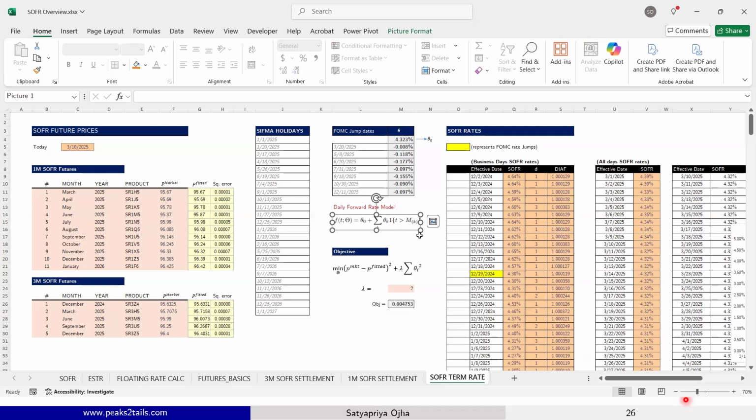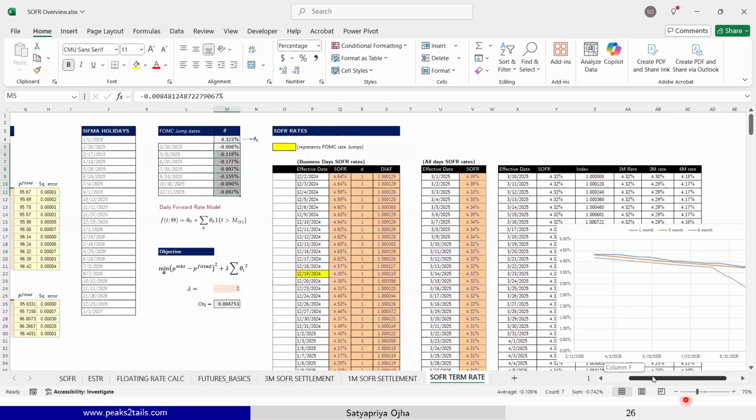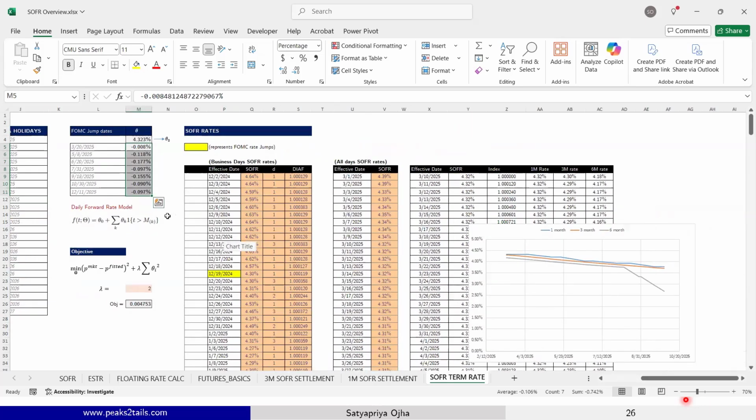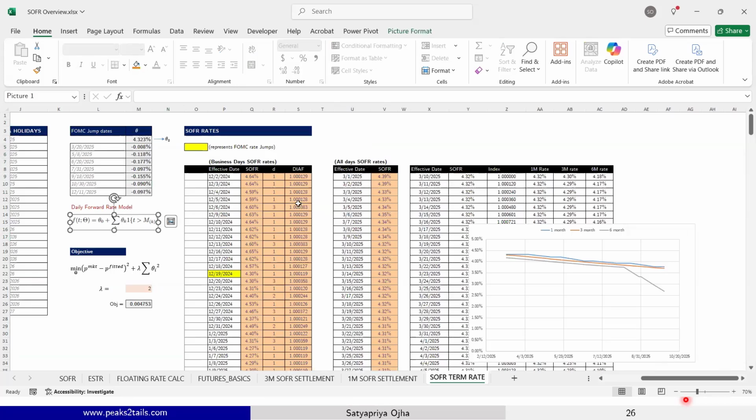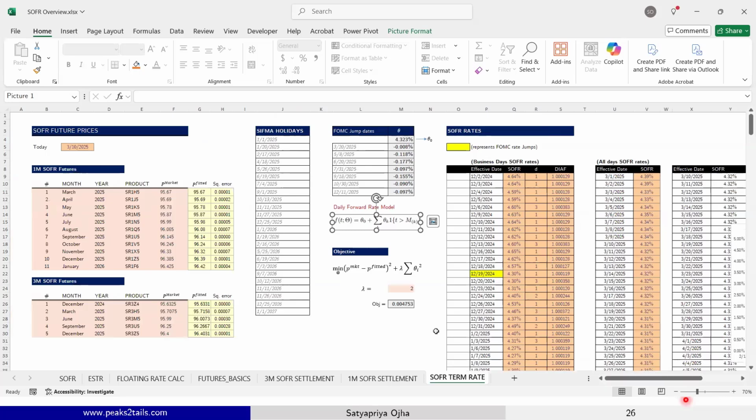Okay. So take that model. These are the parameters that the solver will give you. What are we trying to minimize or maximize as part of the solver? Well, based on this model, what would be the realized overnight SOFR rates? You can calculate. On the daily forward rate side, we have a model in place. Based on the daily overnight SOFR rate that is coming out of my model, I can easily value the SOFR futures, which are like 3 years ahead or 2 years ahead.